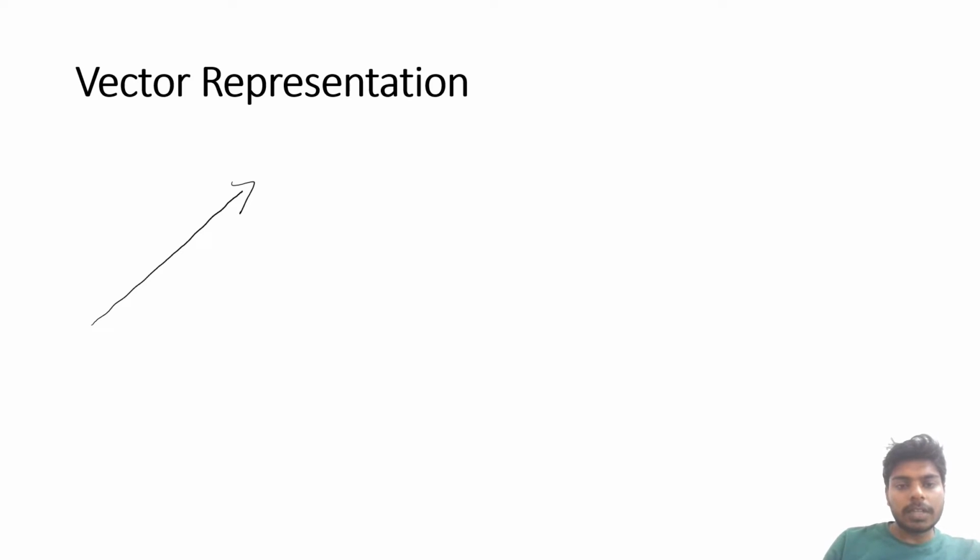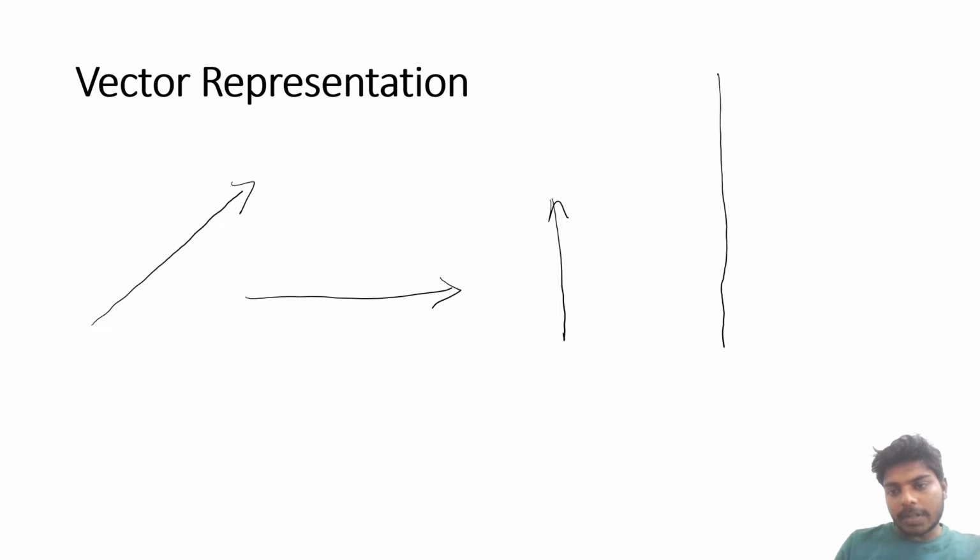Let me draw 3-4 arrows. And let's take one more vertical arrow. Let's say these are all velocity vectors.